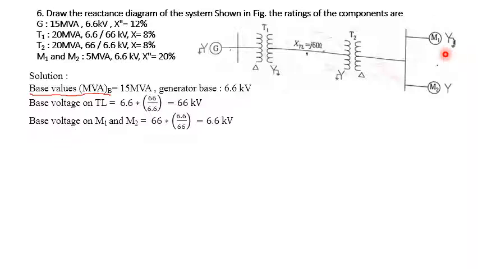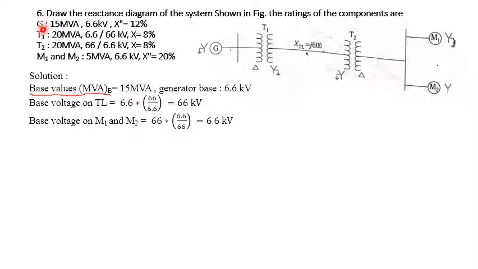What I'm suggesting is that in this chapter, in this module, we are considering that the generating side is the base. This is going to make the concept easier. So I'm considering that the generator is the base.